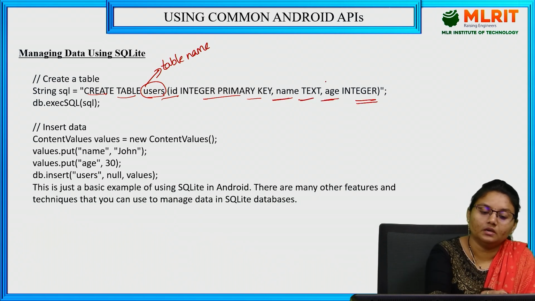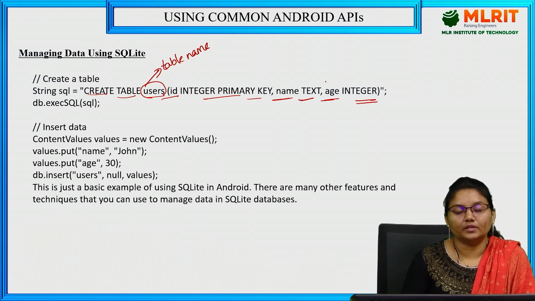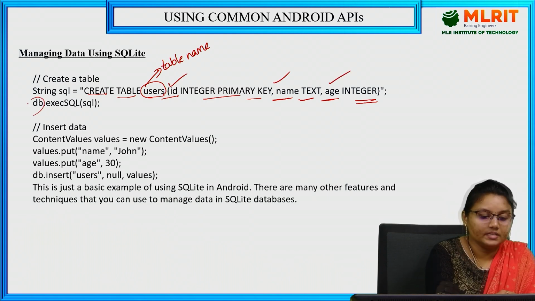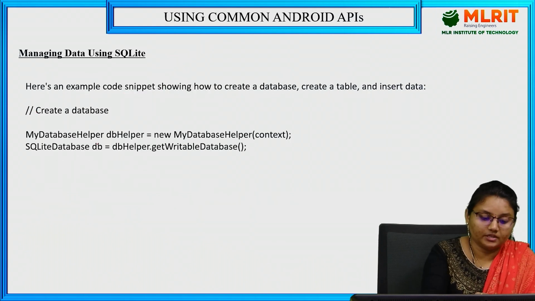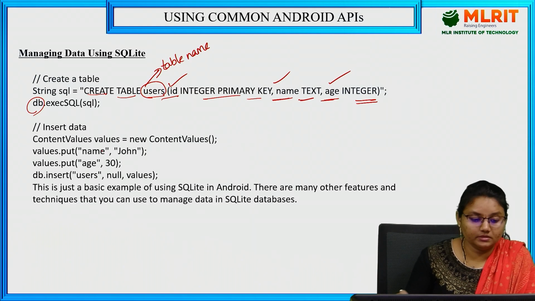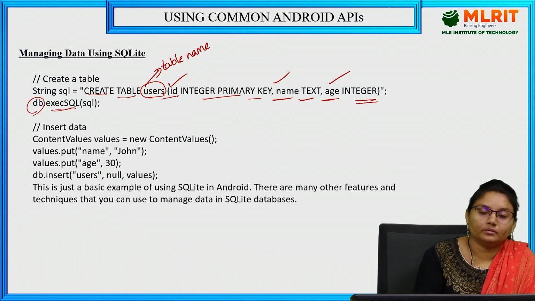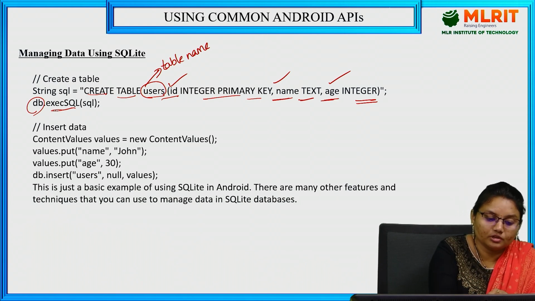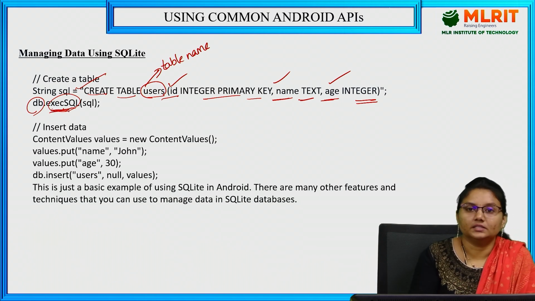These are the parameters you are passing for your users table. The fields are ID, name, age. db is the object that you have defined of SQLiteDatabase. db.execSQL is used for execution of this SQL query.